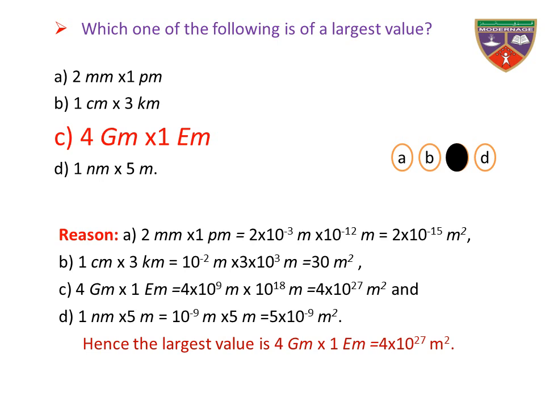And option D, 1 nanometer into 5 meter is equal to 5 into 10 power minus 9 square meters. Hence, the largest value is 4 gigameter into 1 hexameter, which is equal to 4 into 10 power 27 square meters.